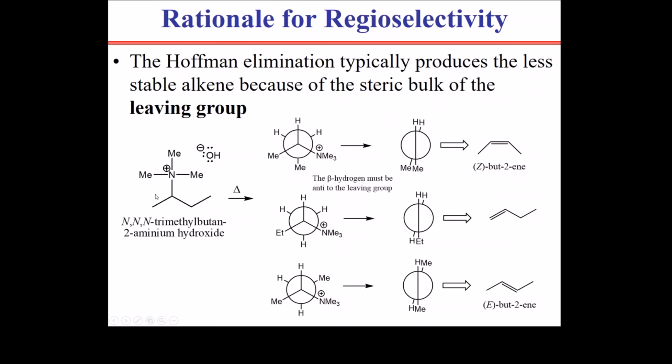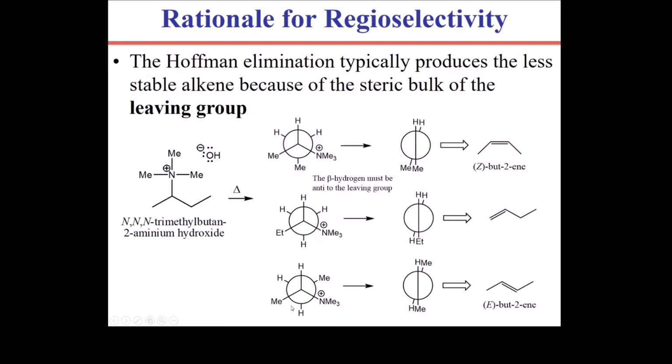So my Newman projection needs to be looking at C2 in front and C3 in back. Here's C2, and there's C3 in back. And notice the difference between forming the trans product and forming the cis product is that I just had to rotate the back carbon.